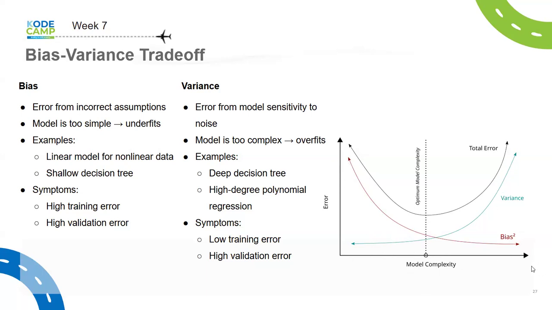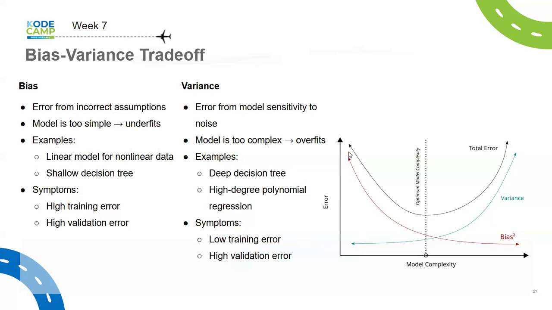This line here shows model complexity. So the more complex a model is, the more likely it is to have high variance. It will have low bias, right, but high variance. While on the other hand, a model that is too simple, too small, insufficient will have a low variance but a high bias.